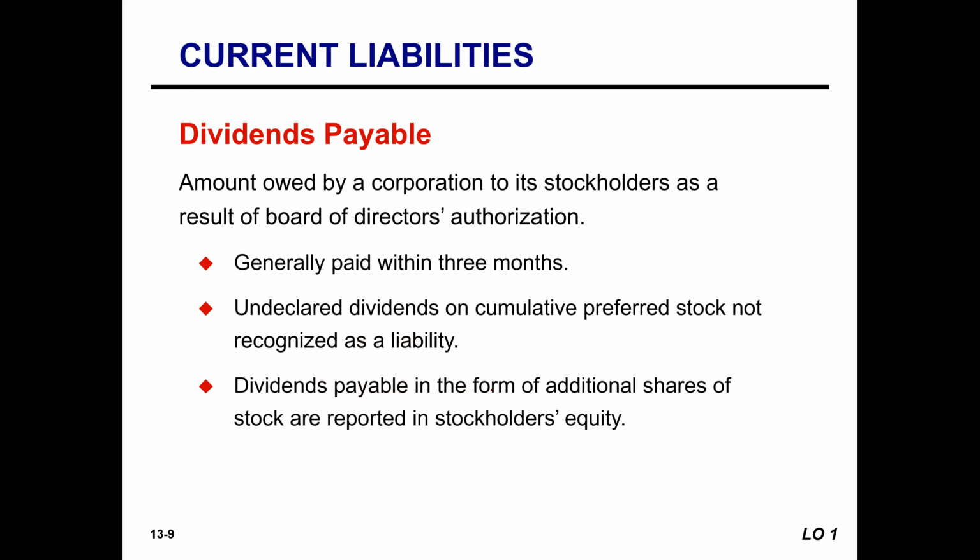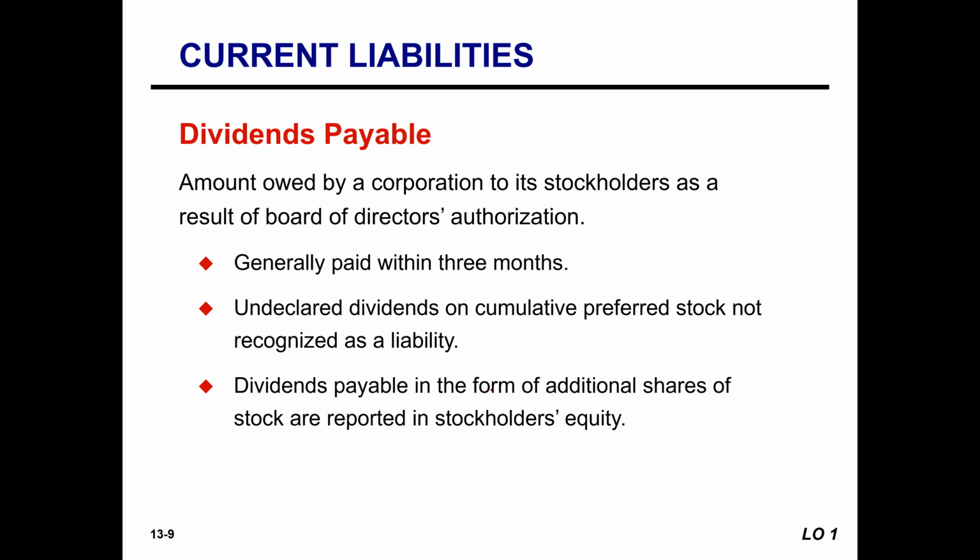But basically, when a company issues a dividend to their stockholders, they're distributing part of the equity, whether they're distributing stock dividends or a cash dividend or what have you, right? It's an amount that the corporation pays out to their stockholders. And so that's what it's showing us here. Amount owed by a corporation to its stockholders as a result of board of directors authorization.